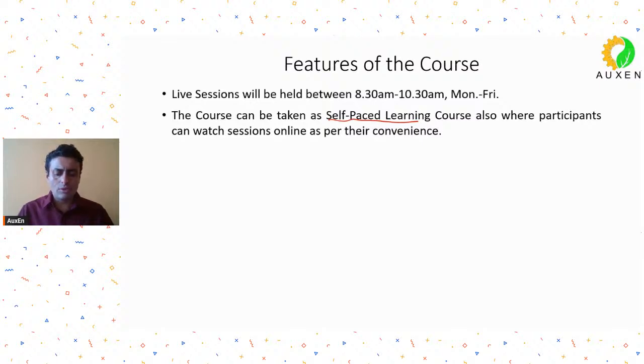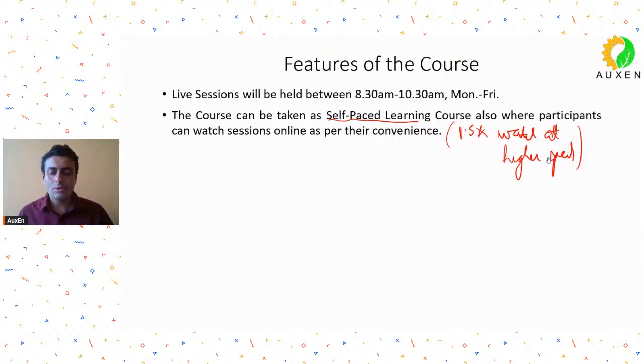And as I told you, most of our participants like to join our courses in this way, where they have the liberty to watch the sessions as per their convenience, and also they can watch it at higher speeds. The very big advantage that you get when you watch a recorded session is that you can watch at higher speeds.